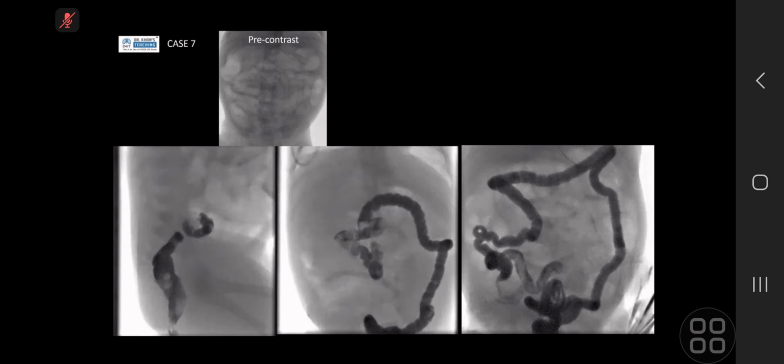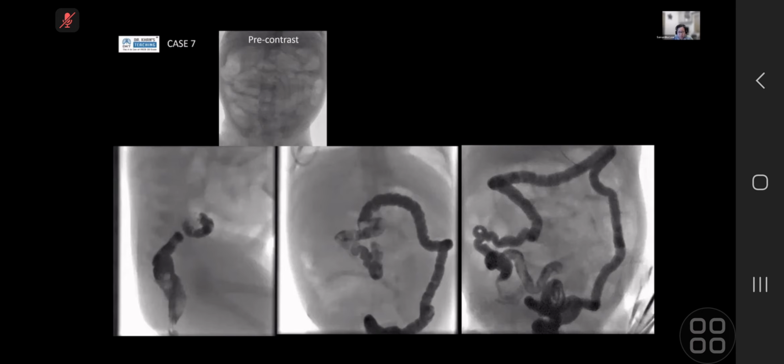So I think this is a microcolon, but with filling defects in the terminal ileum. So I'm worried about a meconium ileus, and I would wonder if the patient has any predisposition to or any history of cystic fibrosis.